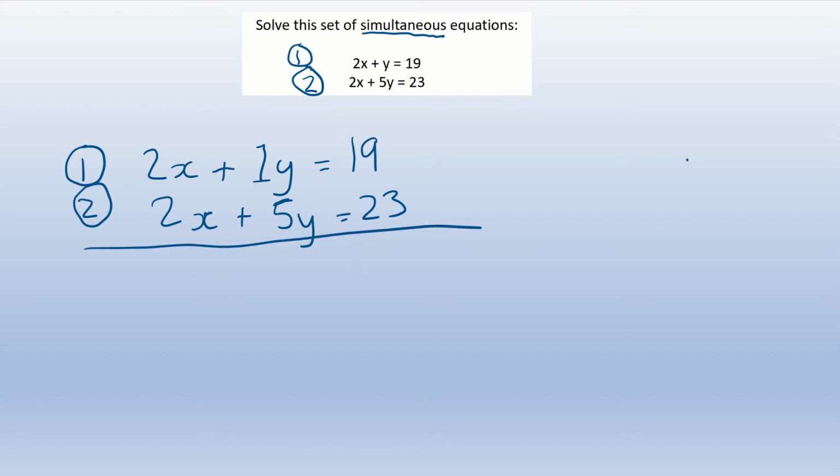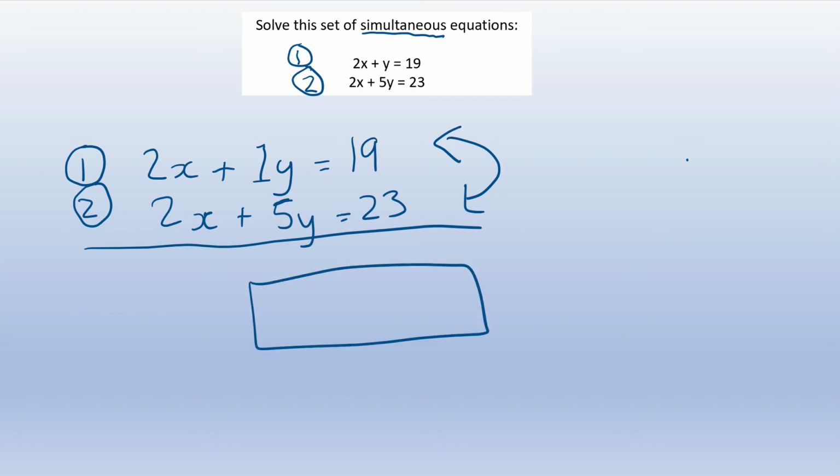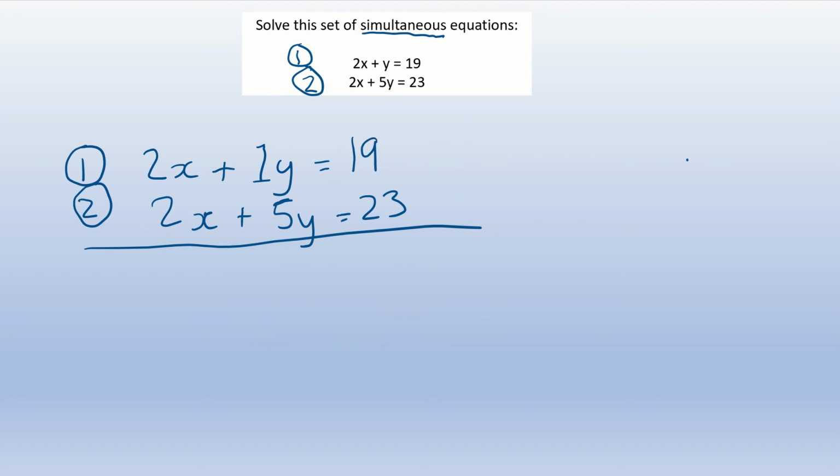Now what we're going to try and do is combine our two equations in such a way that we end up with one equation with one unknown. So we're trying to, in a way, mash these two things together so that we have something a lot simpler to work with in my next line here. So what you have to be on the lookout for is if we were to take my x's together and look at them, we will notice that we have 2x and 2x.